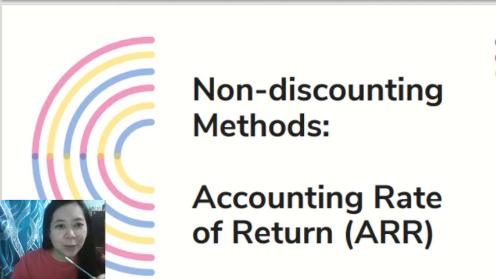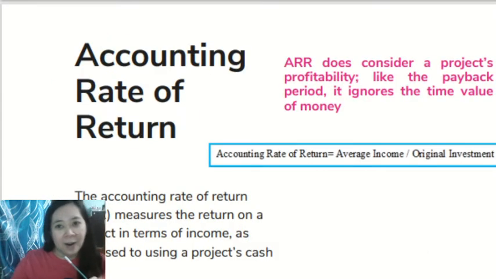Okay, so the next non-discounting method is the accounting rate of return, or ARR. By the way, for the non-discounting methods, we only have two methods, techniques, or tools. The first one was the payback period, and the second is the accounting rate of return, or ARR.